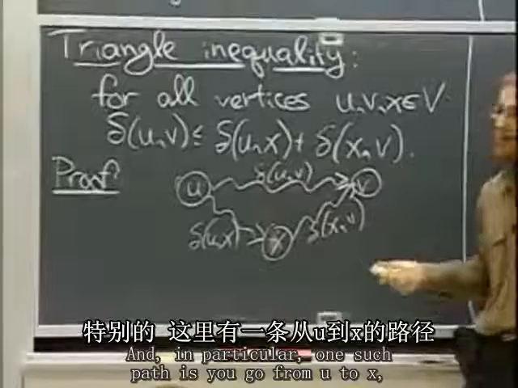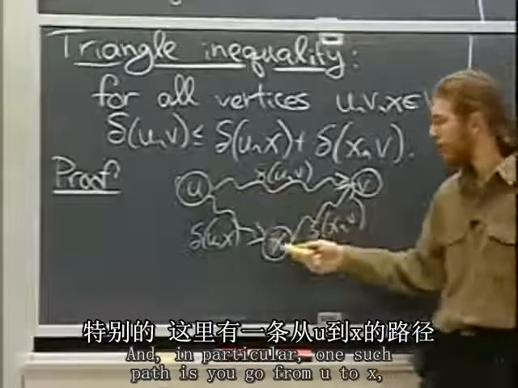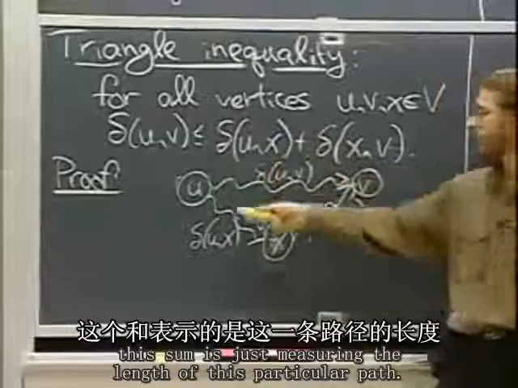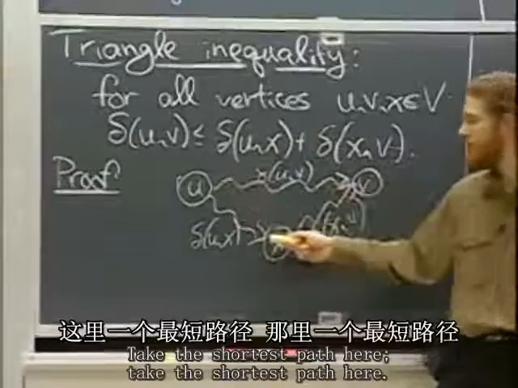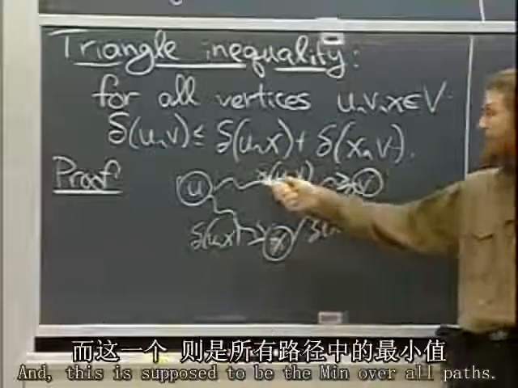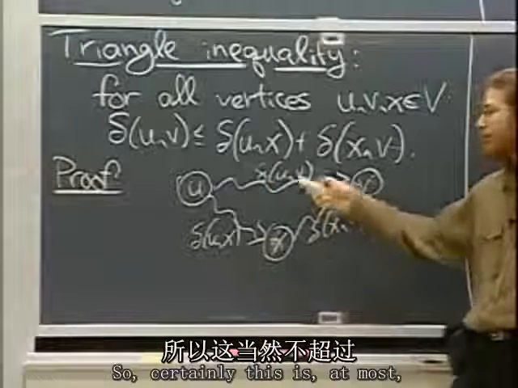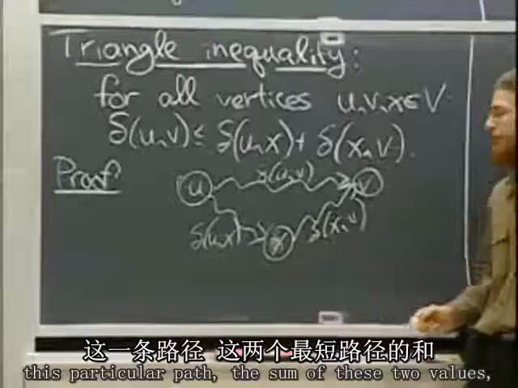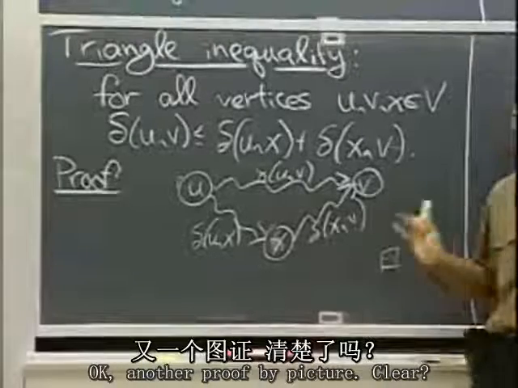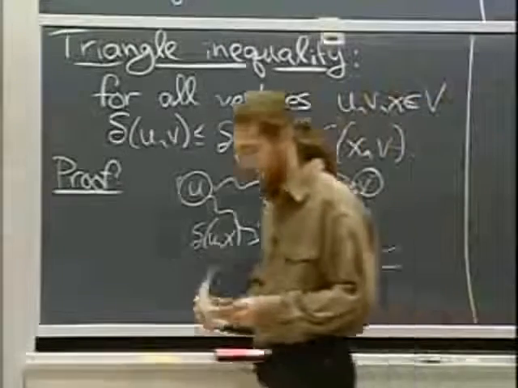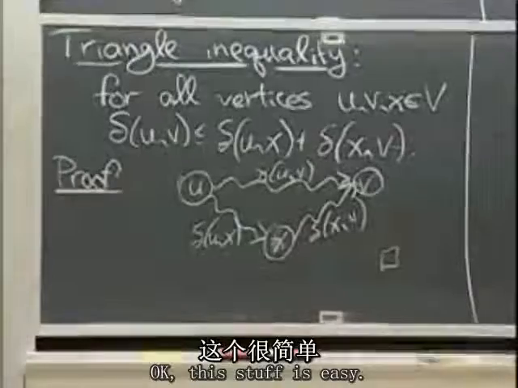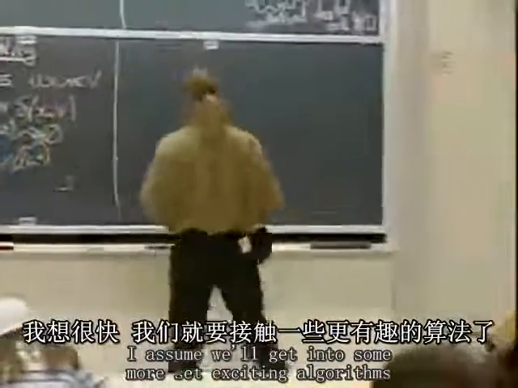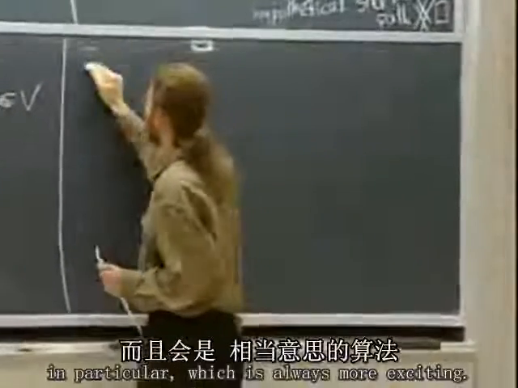In particular, one such path is you go from u to x, and then you go from x to v. This sum is just measuring the length of this particular path. Take shortest path here, take shortest path here. And this is supposed to be the min over all paths. So certainly this is at most this particular path, the sum of these two values. Okay, another proof by picture. Clear? Okay, this stuff is easy. Soon we'll get into some more exciting algorithms. Well, we'll get into algorithms in particular, which is always more exciting.